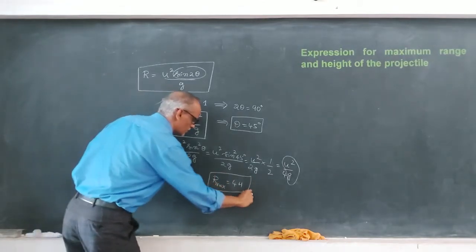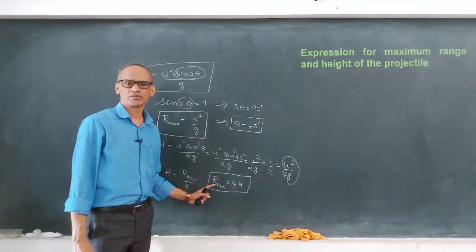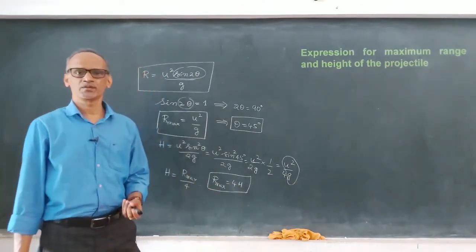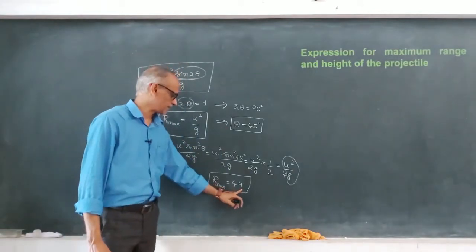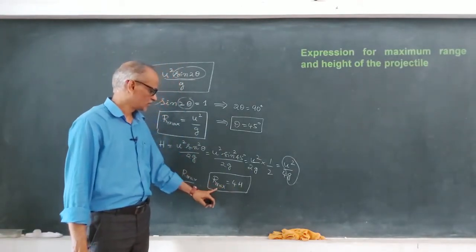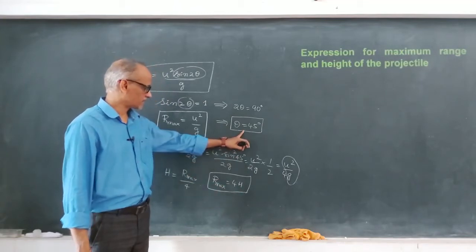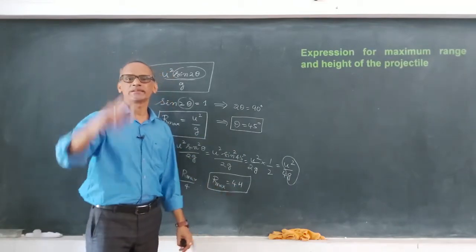So this is a relation between the maximum range and the height of the projectile. The maximum range of the projectile is always 4 times the maximum height. So when R max is there, when theta is 45 degree, it will always be equal to 4 times the height reached by the projectile.